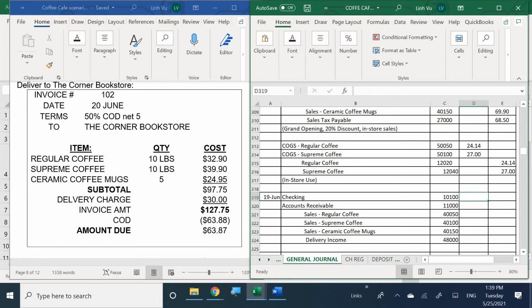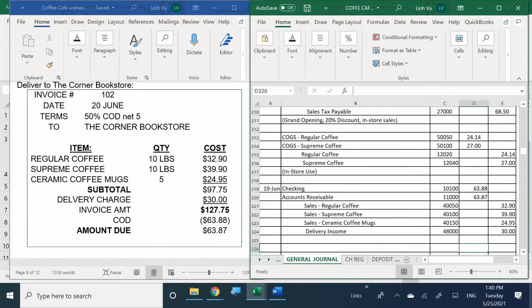How much for checking? 63.88, and then 63.87, and then on the right we'll do 32.90, then 39.90, 24.95, and $30.